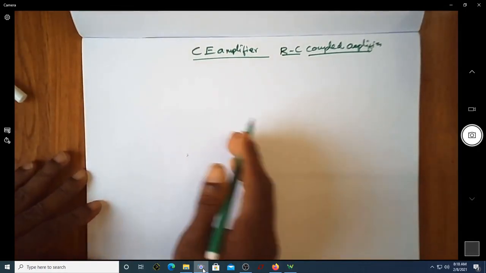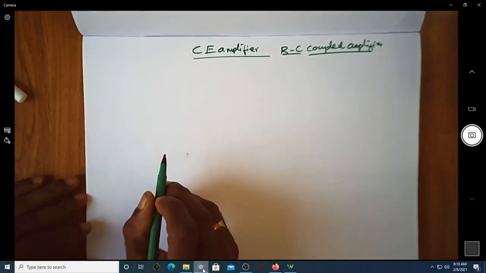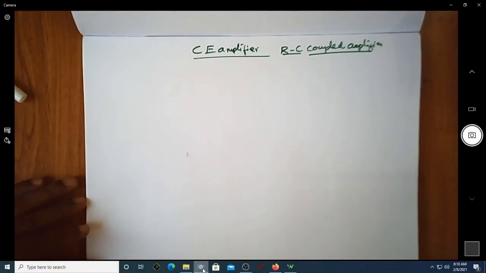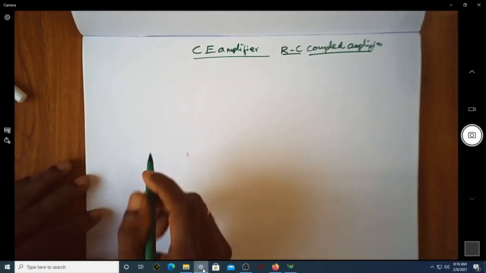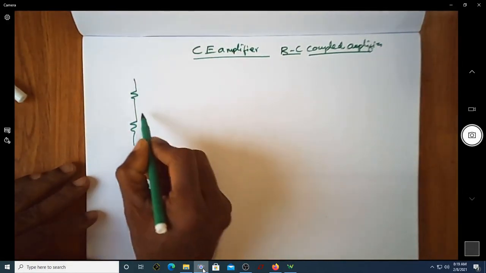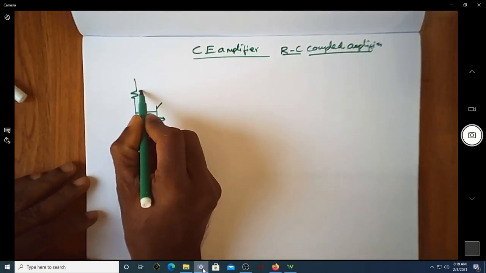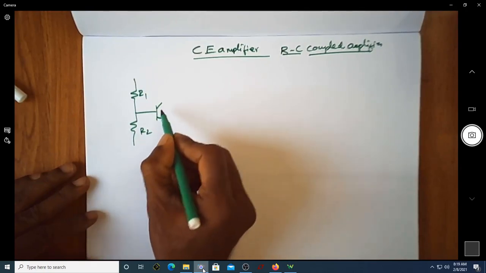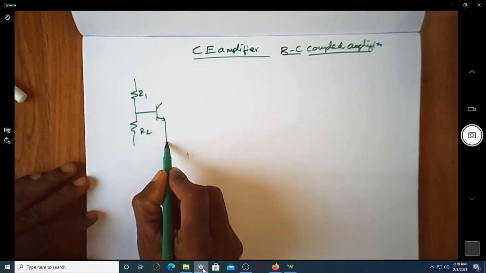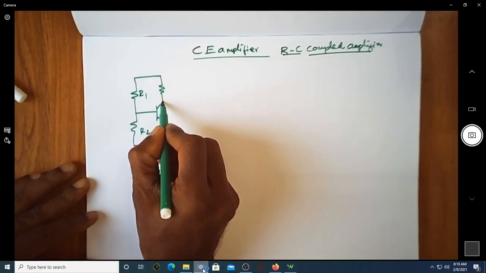So let us try to understand what settings we are supposed to make when we are doing the CE amplifier using the Analog Discovery. So let us draw the circuit diagram of the CE amplifier having resistors R1, R2 for providing the biasing, and let us first have a very simple circuit.